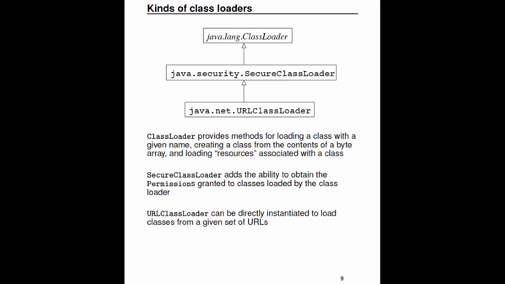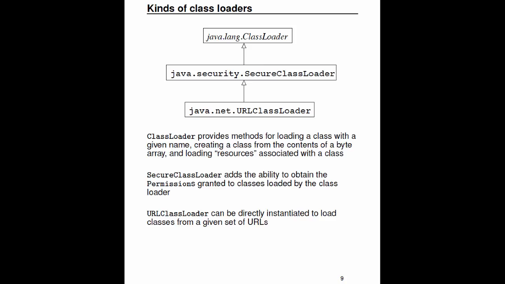As I said, you can have class loaders chained together. There's also a class hierarchy of class loaders that provide different behavior. At the very root is java.lang.ClassLoader, and it's the thing that's responsible for translating those bytecodes into classes that the JVM understands. But then there's a subclass of ClassLoader called SecureClassLoader, which allows you to configure the capabilities of classes loaded from that class loader.